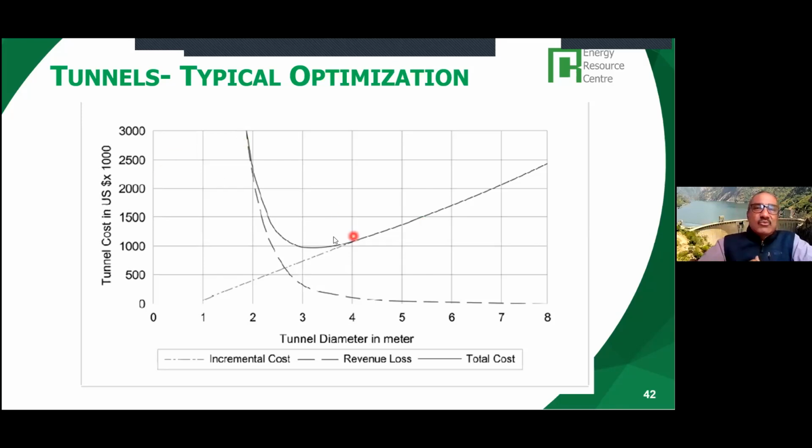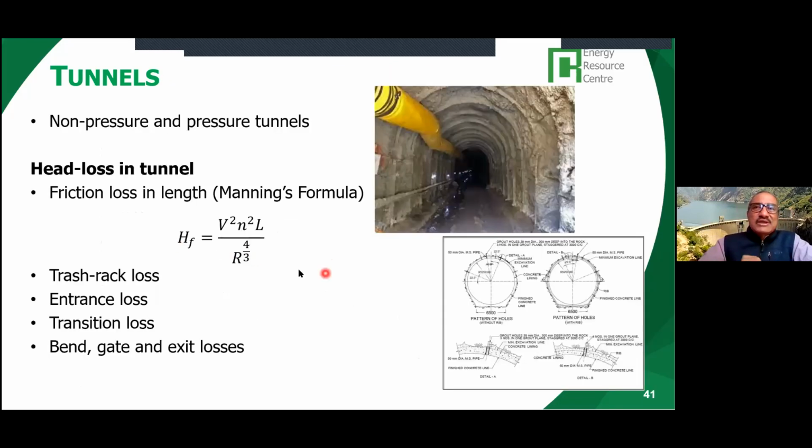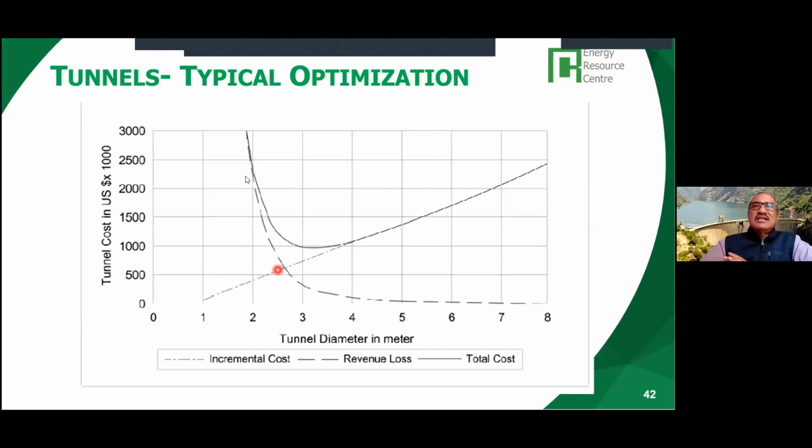So basically, when you design a tunnel, you calculate the cost and the diameter. Then you calculate the head loss in the tunnel, and from this head loss, you calculate the revenue that is lost because of the head loss. Based on the total cost, the cost of the tunnel plus the revenue loss, you find the minimum total cost of the tunnel, which in this case comes to 3 point something meter.